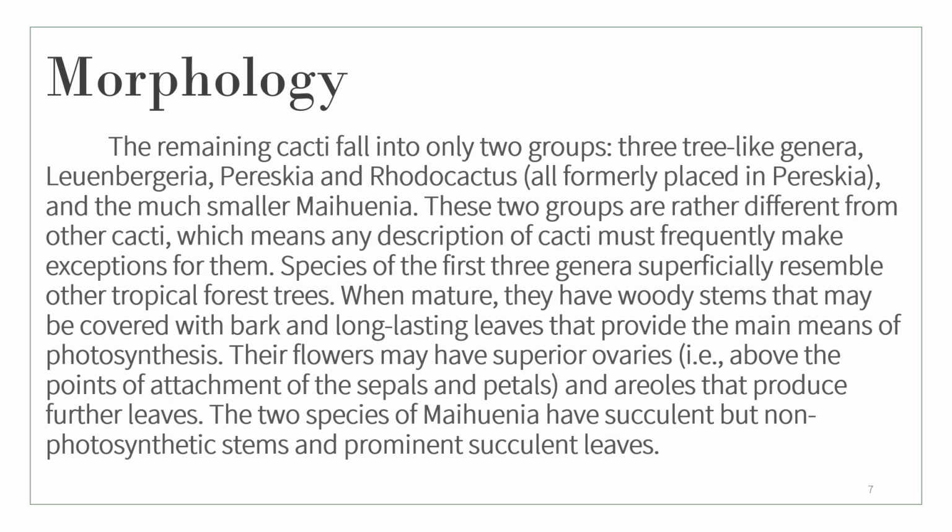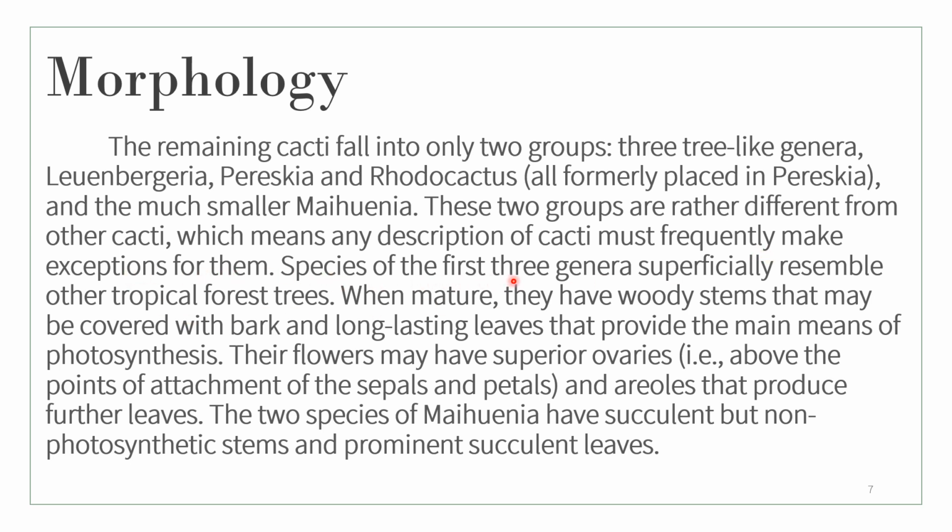Okay, let's continue. The remaining cacti fall into only two groups: the tree-like genera Leuenbergeria, Pereskia, and Rhodocactus, all formerly placed in Pereskia, and the much smaller Maihuenia. These two groups are rather different from other cacti, which means any description of cacti must frequently make exceptions for them.